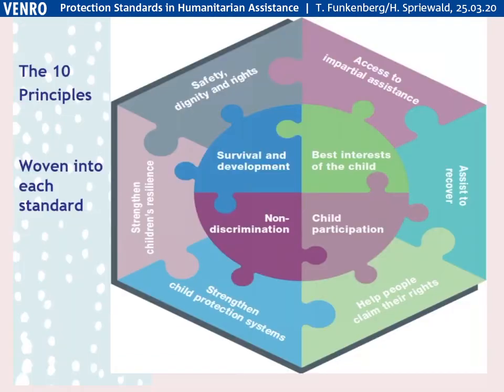So first, let me talk about the 10 principles. They all have equal weight. In the middle, you can see the 4 principles derived from the UN Child Rights Convention. They are the principles of non-discrimination, child participation, best interest of the child, survival and development.